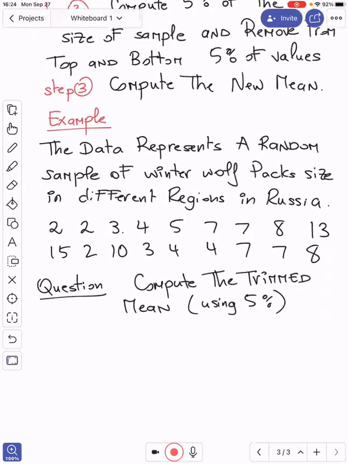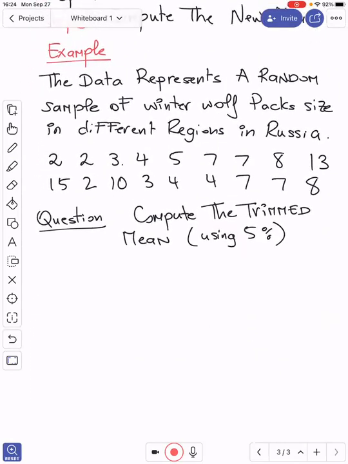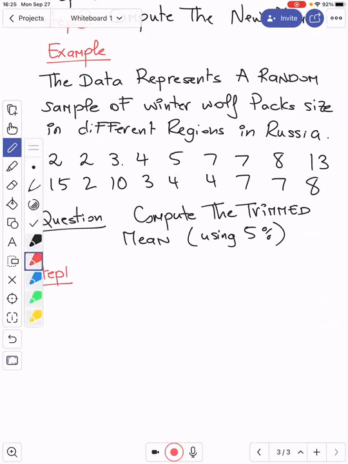All right. So first step, as with the median, we have to order the data values. So step 1, I'm going to order the data values, starting from the smallest.